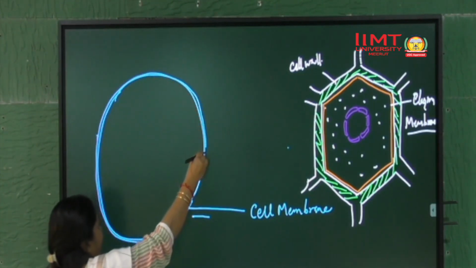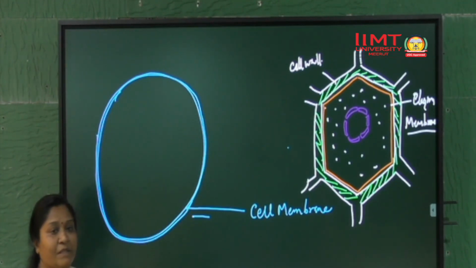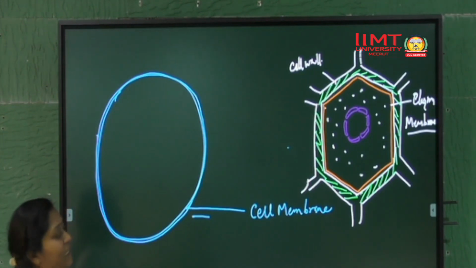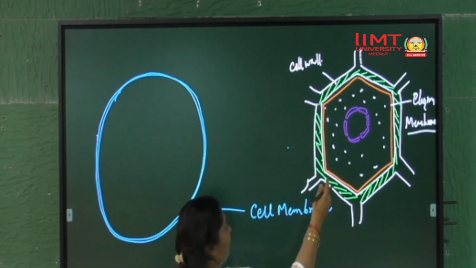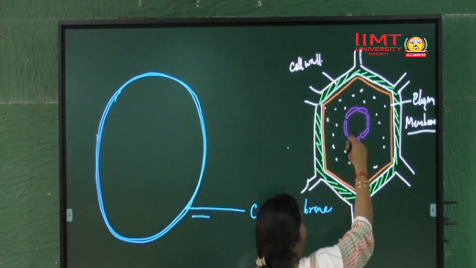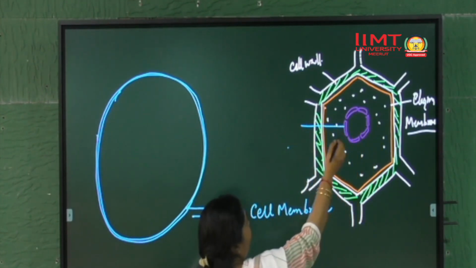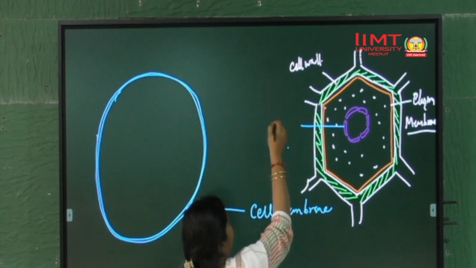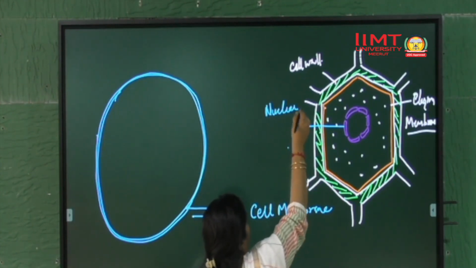as we discussed, these cells are primitive cells, and these cells have a primitive type of nuclei. So what is this primitive type of nuclei? Here we can see that this is the nucleus. This nucleus is surrounded by a double membranous structure, that is called the nuclear membrane.